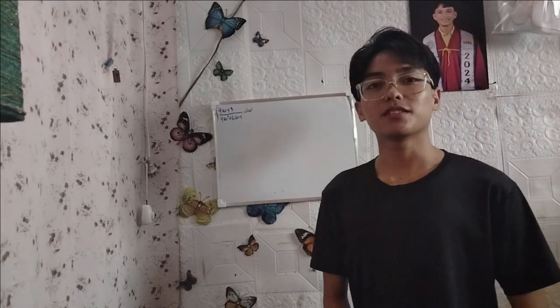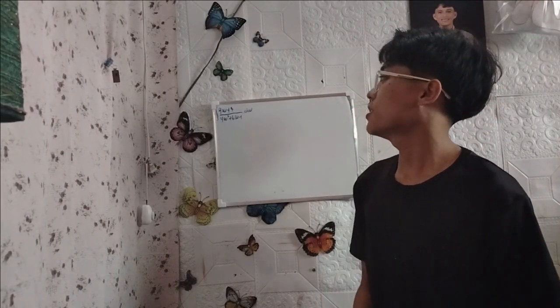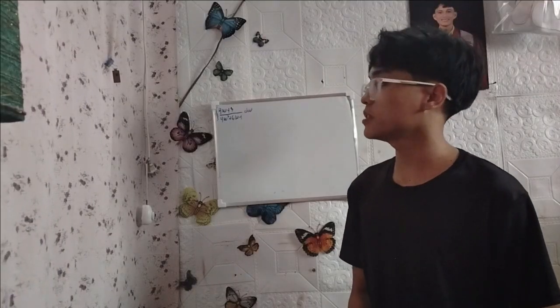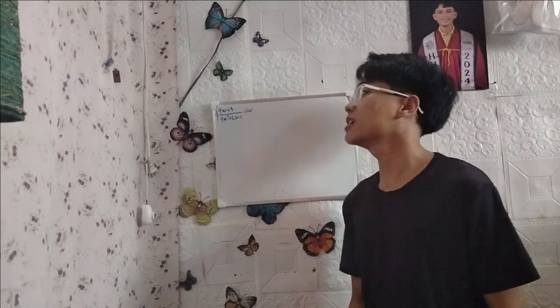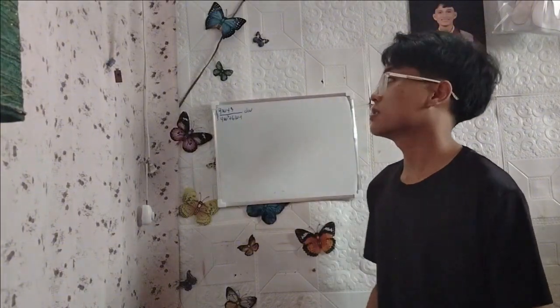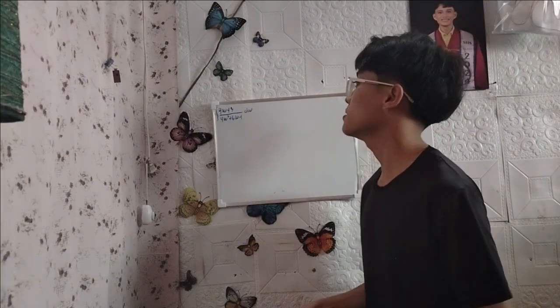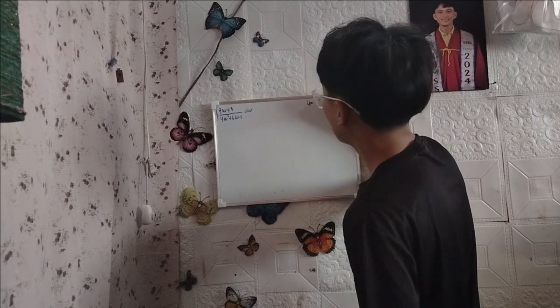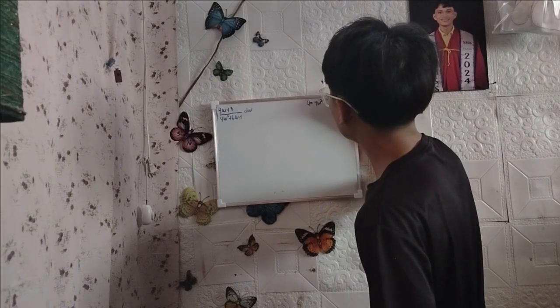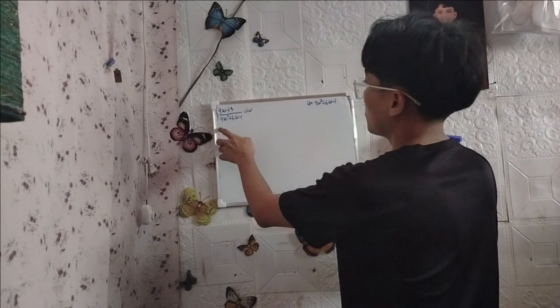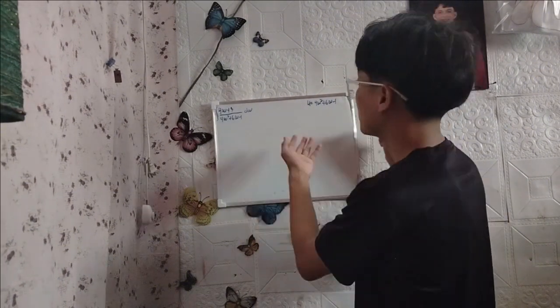So let's solve the integral of 4w plus 3 all over 4w squared plus 6w minus 1 with respect to w. So we use substitution. Let u equal 4w squared plus 6w minus 1. Then we find the derivative of u.